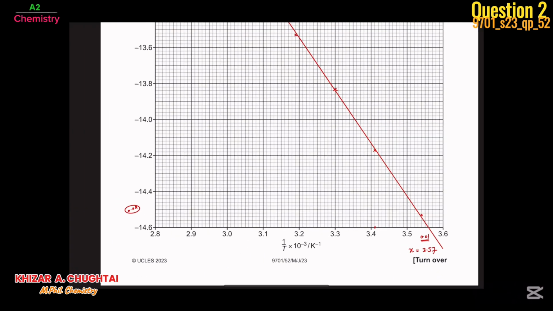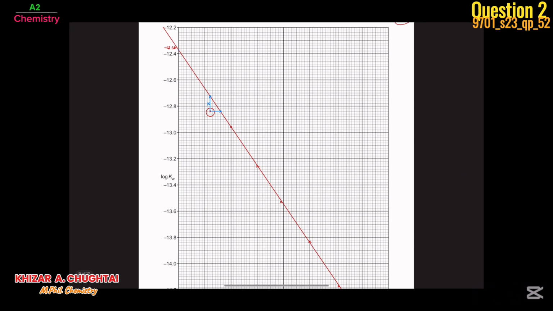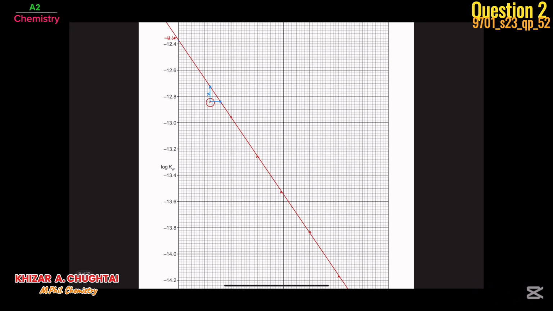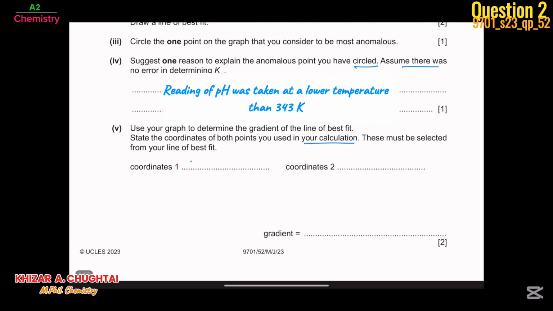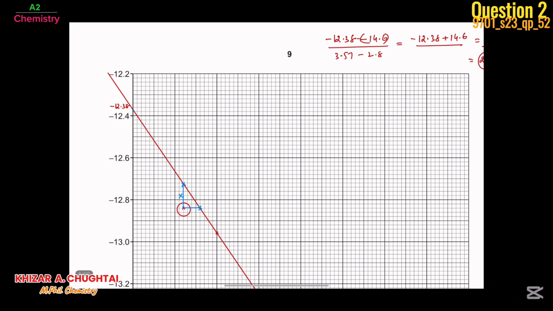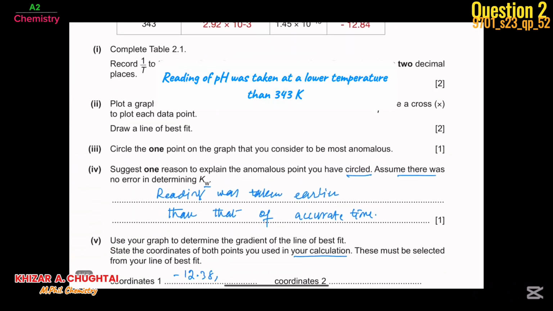So two coordinates, two y coordinates and two x coordinates. So two y coordinates, as I told you, minus 12.38 and minus 14.6.